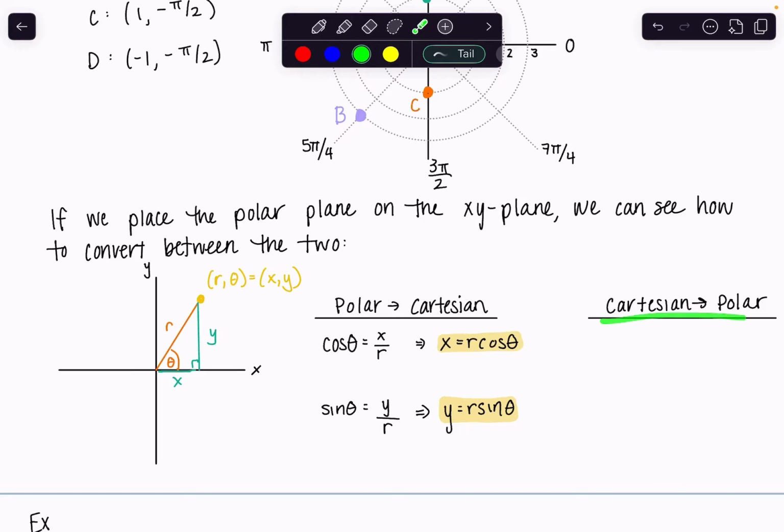If instead I'm given x and y and I want to get to r and theta, well, to connect r with x and y, we can just use the Pythagorean theorem. So we use x squared plus y squared is equal to r squared. The angle is a little bit difficult to do. If you want to relate theta to y and x, then really the only way we have to do that is either with tangent or cotangent.